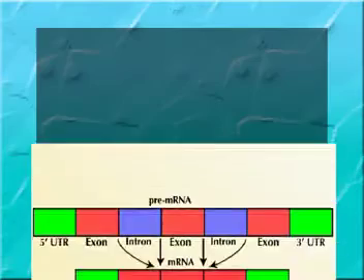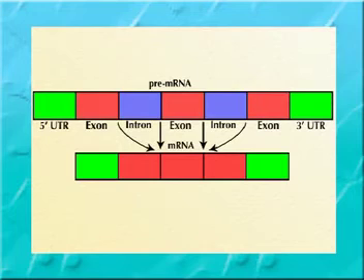The number and length of the introns vary from species to species, and they alternate with exons. The introns can form up to 75% or more of a gene.